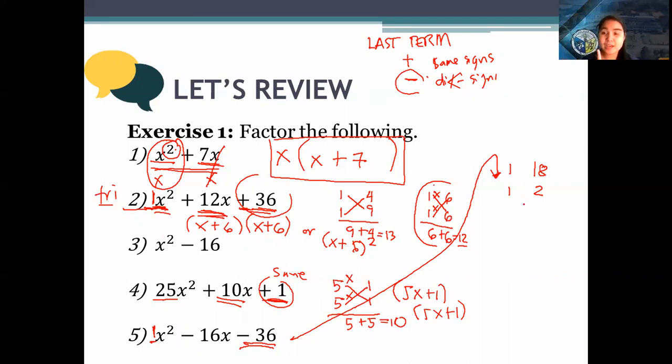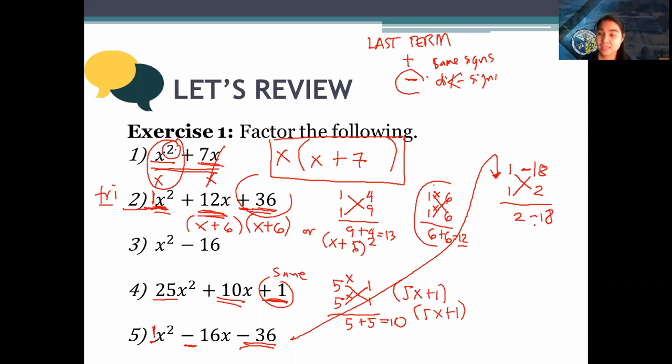Which will take the negative number? You look at the middle term. It's negative, right? So the bigger number gets the negative sign. Let's now solve. 1 times 2, 2. 1 times negative 18, negative 18.